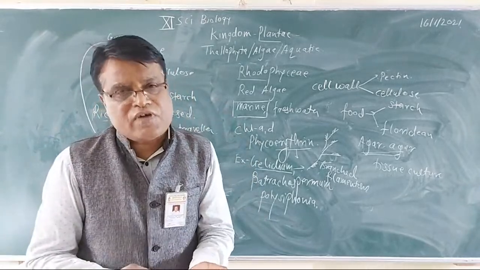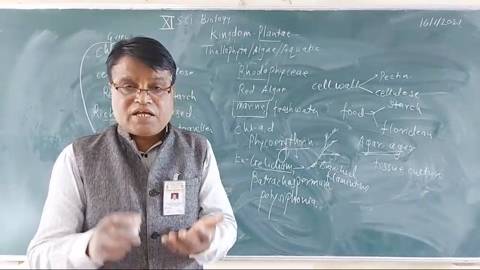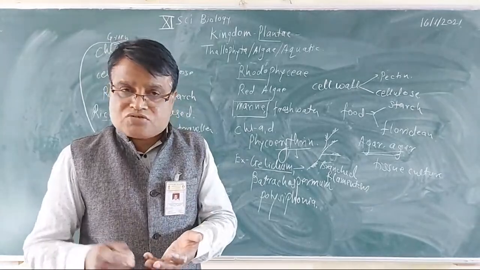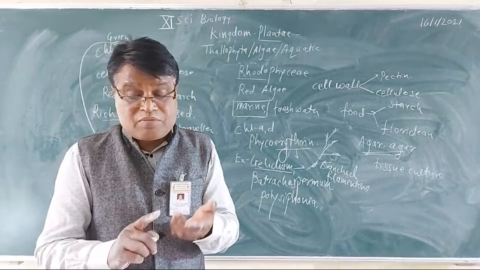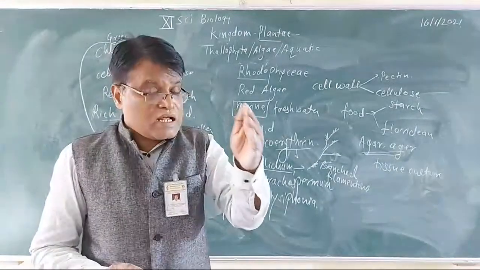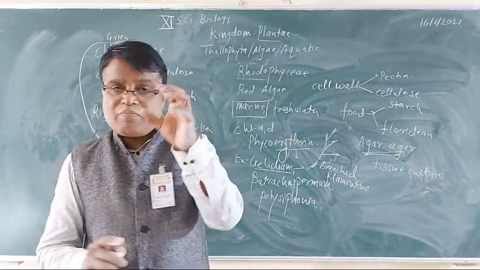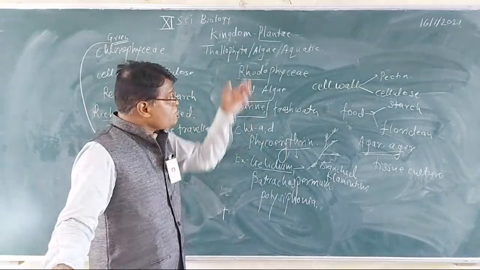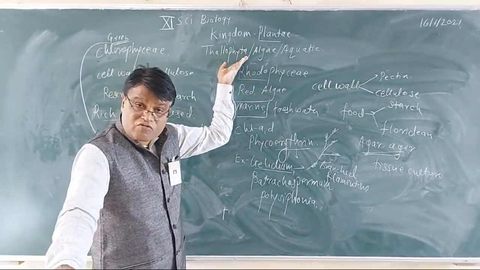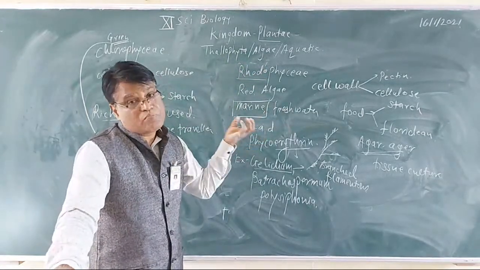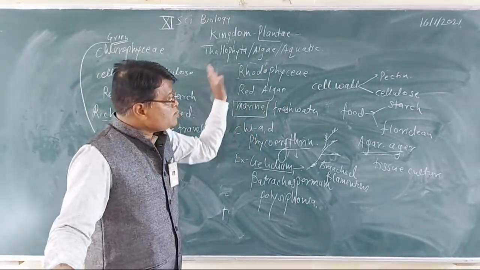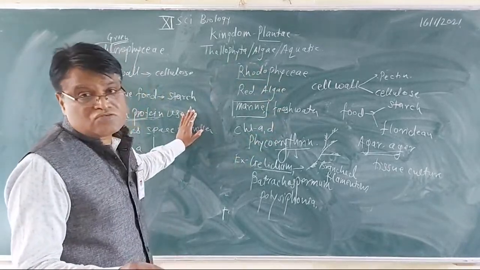First of all, the habit, isn't it? Next, the cell wall. Next, the reserve food. Next, the example, because the example is the most important. And the last one, the pigment. Pigment is the key point of the Thallophyta. The classification of Thallophyta is created with the help of pigmentation, isn't it? So now this is the point, just sweep it out.